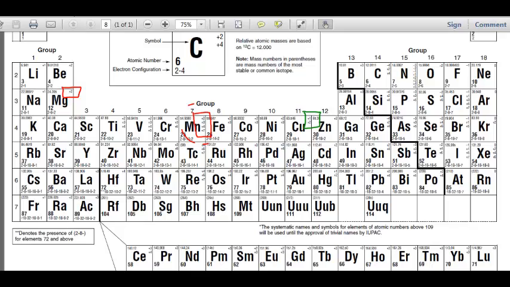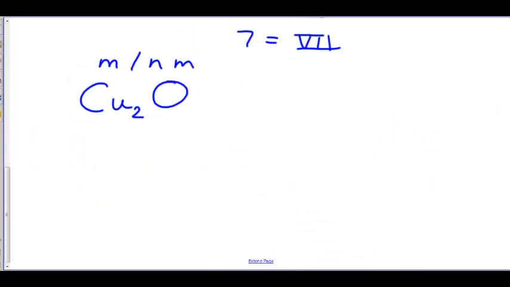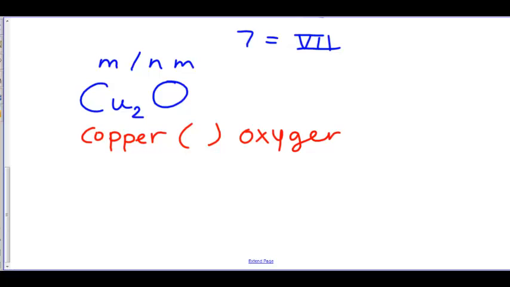So what we're going to do is name our metal copper, put parentheses after its name, then name our nonmetal, drop the ending, and add IDE. So remember, we go two vowels in, we drop our ending, and add IDE, just like before.